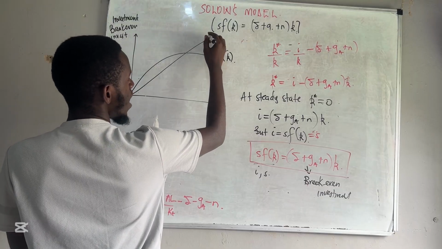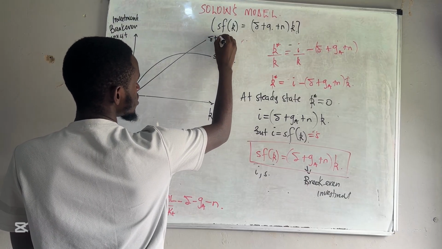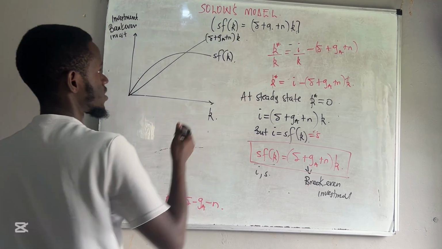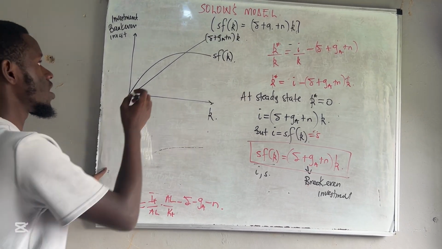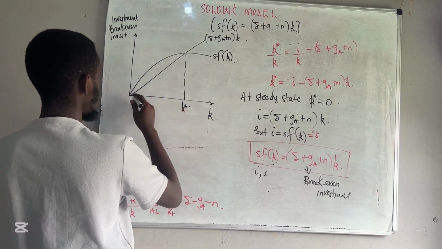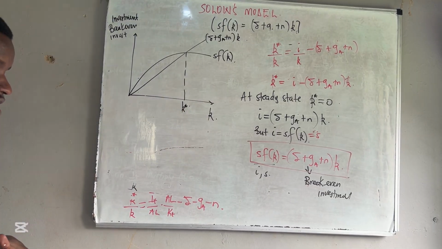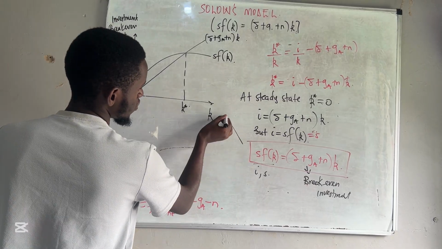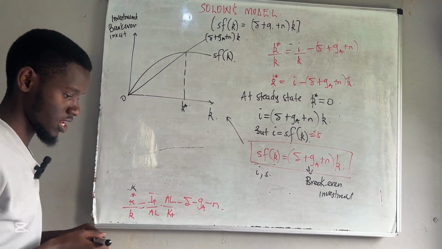Therefore, I just have something like this, and then this is going to be my delta plus g plus n, a function of k, like that. And then this is the optimal capital, k star, that we require to have that investment. This is 0. And then this is the Solow's model, just like that.